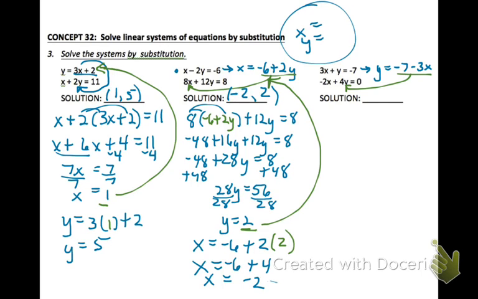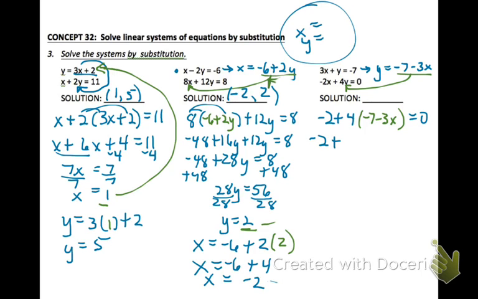So I'll give myself a little bit of space here. -2 plus 4 times y, but I'm going to plug in what y equals. So -7 minus 3x. And then I just finished that equation, equals 0.